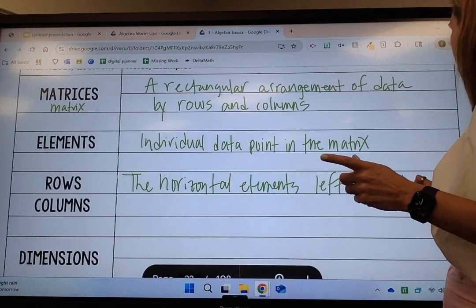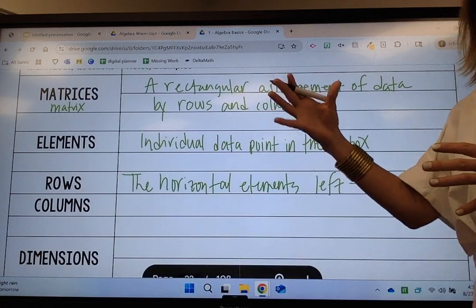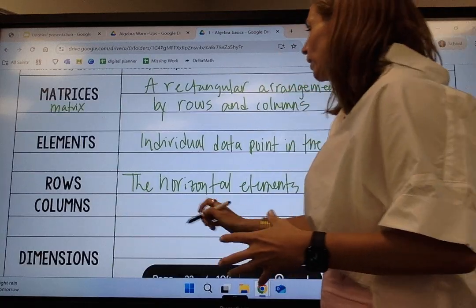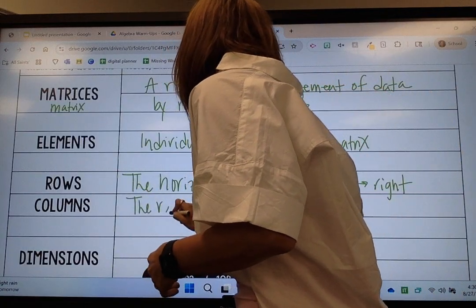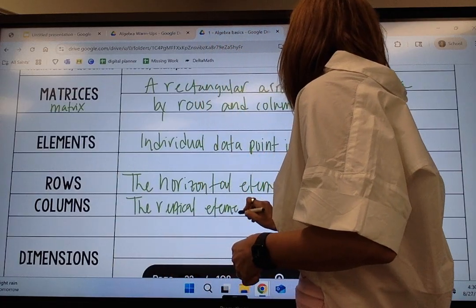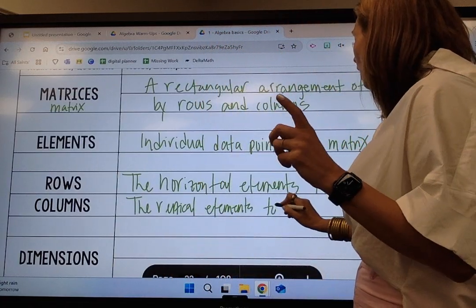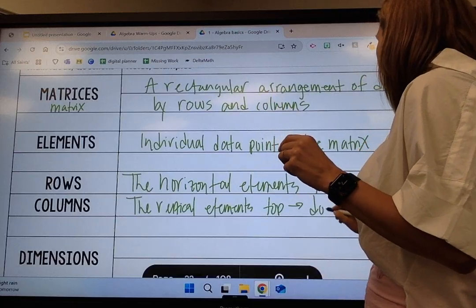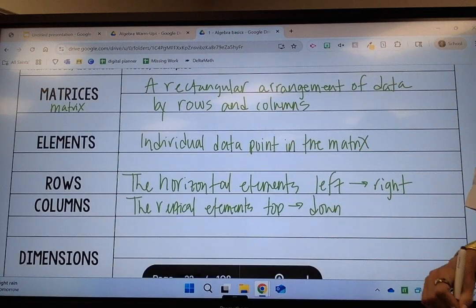That's how it's read. And the columns then are the vertical elements, and they go top down. That's how it's read. Okay?